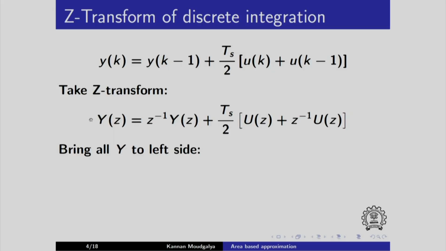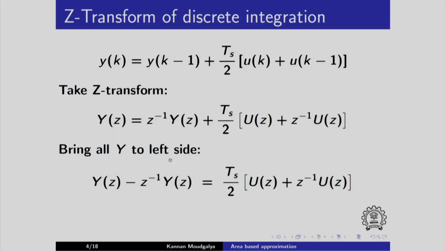Bring this y to this side, equals the remaining things. Now let us common factor this out, 1 minus z inverse, here also it is 1 minus z inverse times Ts by 2, and of course we have to put this u of z.